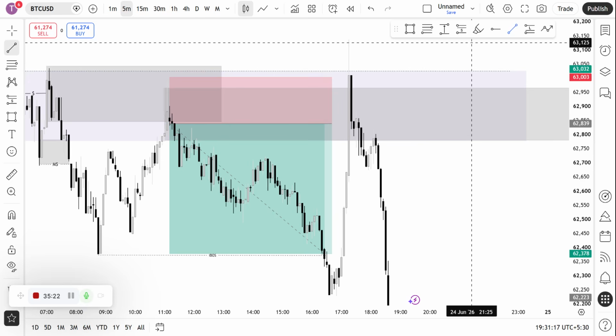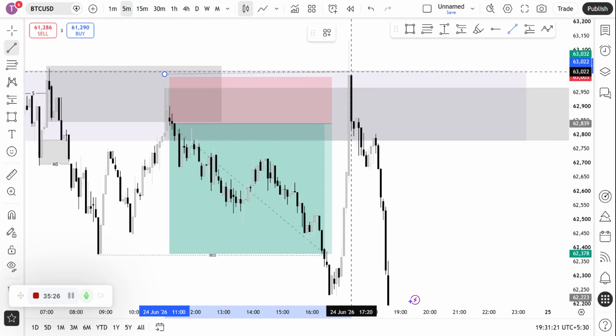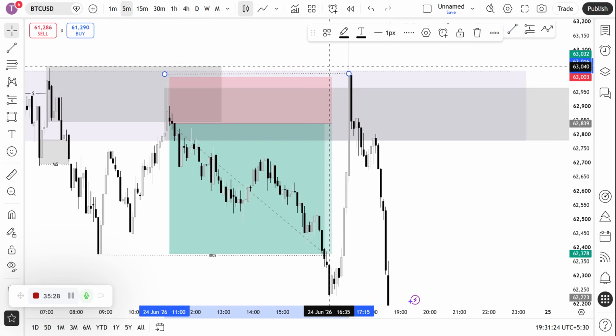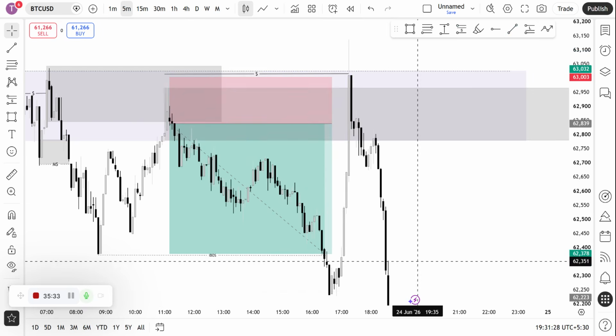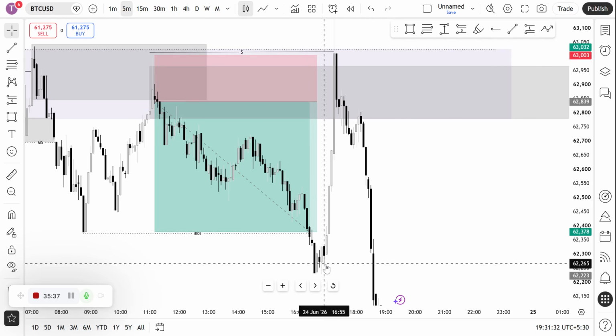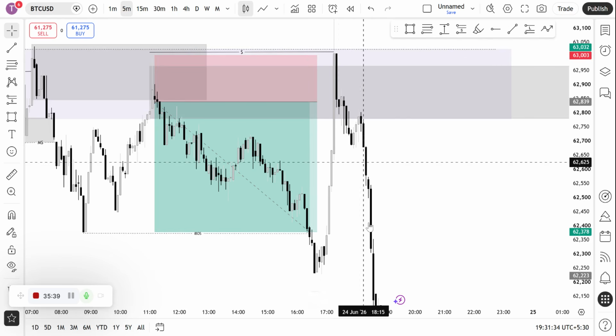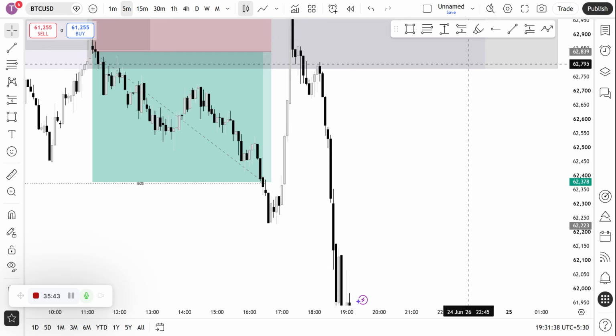Let me just draw a line. Liquidity sweep right here, right? So when the market came back here, breaking the structure, sweeping the liquidity, it then created to me a breakout structure right here.